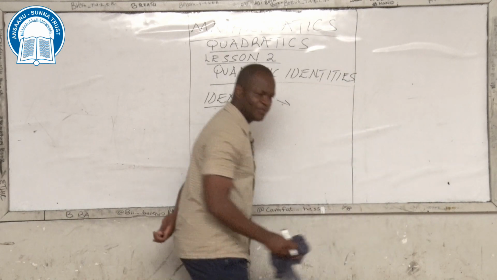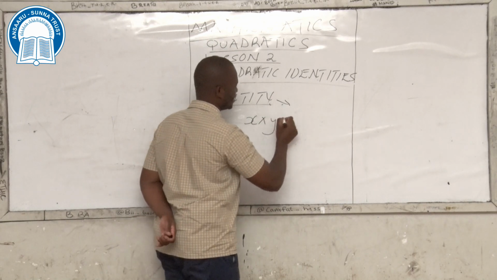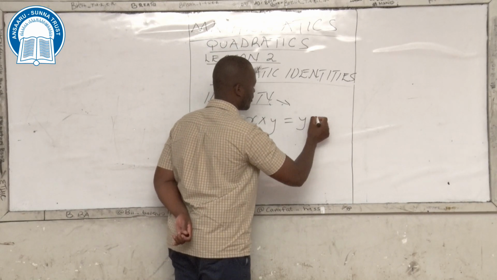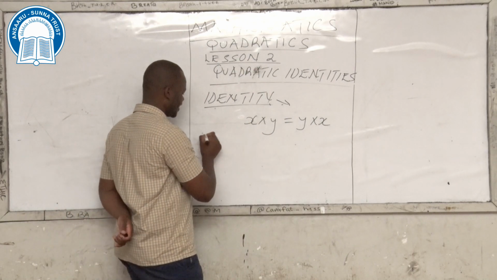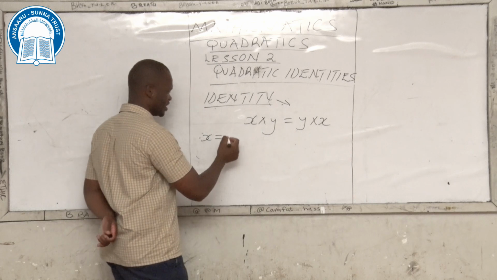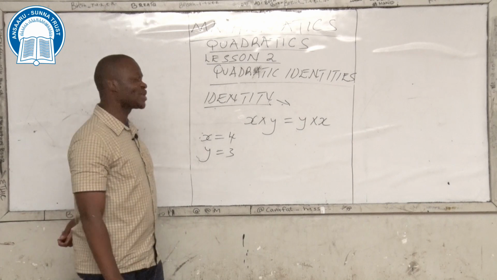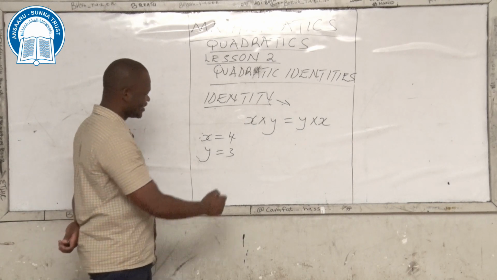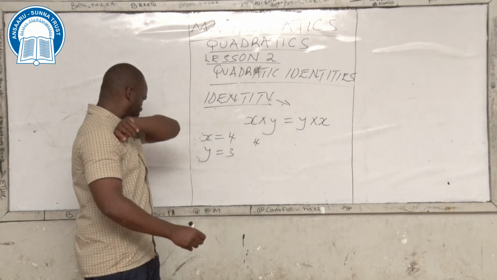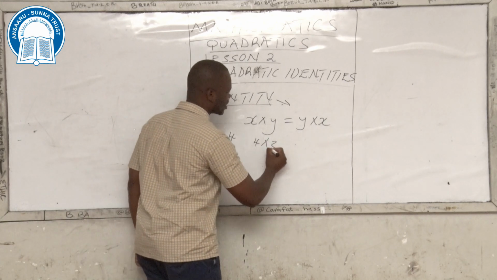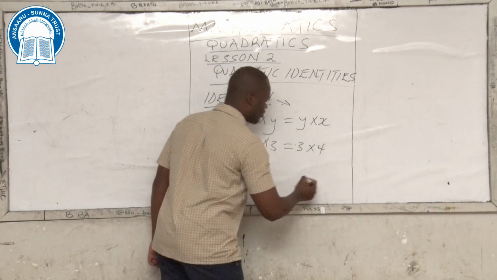Now, if I have x times y is equal to y times x, with x given as 4 and y given as 3, if I make my substitution, what will I have? 4 times 3 is equal to 3 times 4.